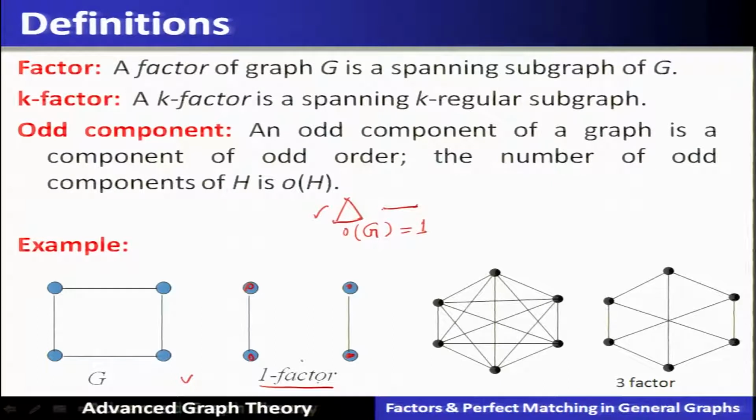If it is a one factor, each vertex should have degree 1. So, if you include degree 1, this will be the subgraph of G, and hence it will be called a one factor. If you recall, this one factor is nothing but a matching in this graph.